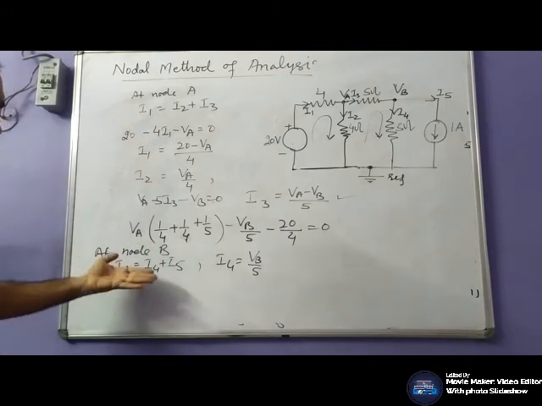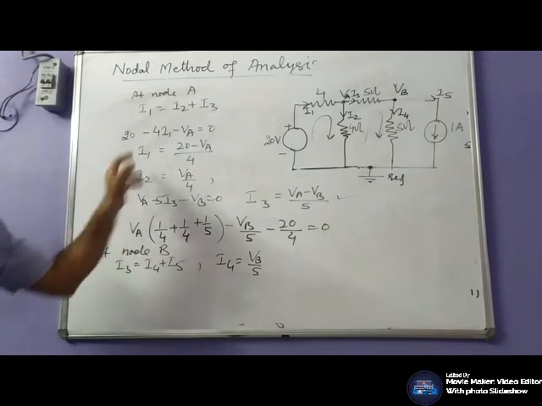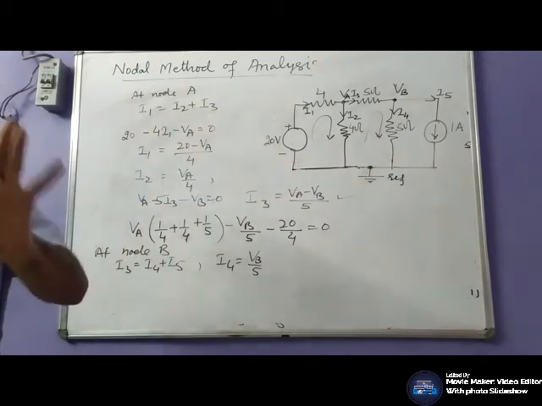Now put these values here: I4, I3, and I5 is 1 ampere.